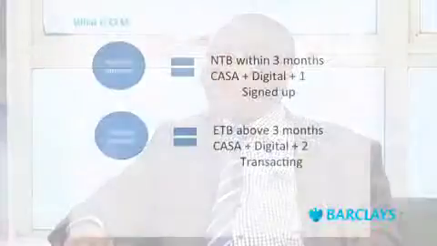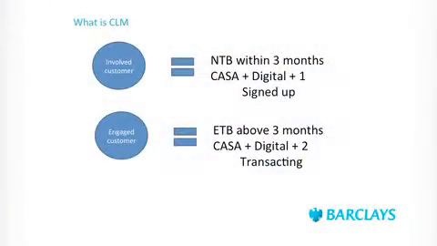Thank you, Tuju. In your definition, Tuju, you've mentioned involved. Dan, could you tell us what involved is? Thank you, Lillian. The involved customer is a customer who is new within the last 3 months, having opened an account with Barclays. And this customer has, for example, an ultimate current account with us to which he has channeled his salary.